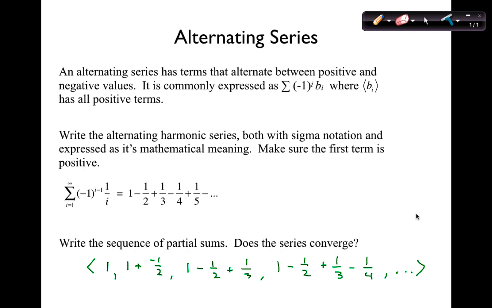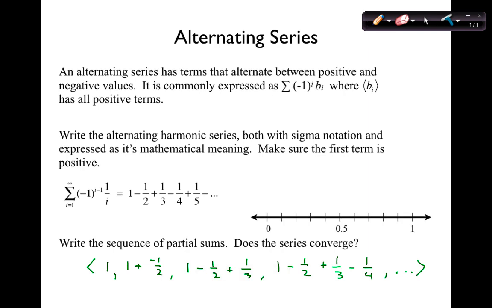Any ideas? Is it worth looking into? Is there a chance it could converge? Why? Because before we were adding all of them, and now every other term, what happens? We subtract. So there's certainly a chance here. So let's see what happens.